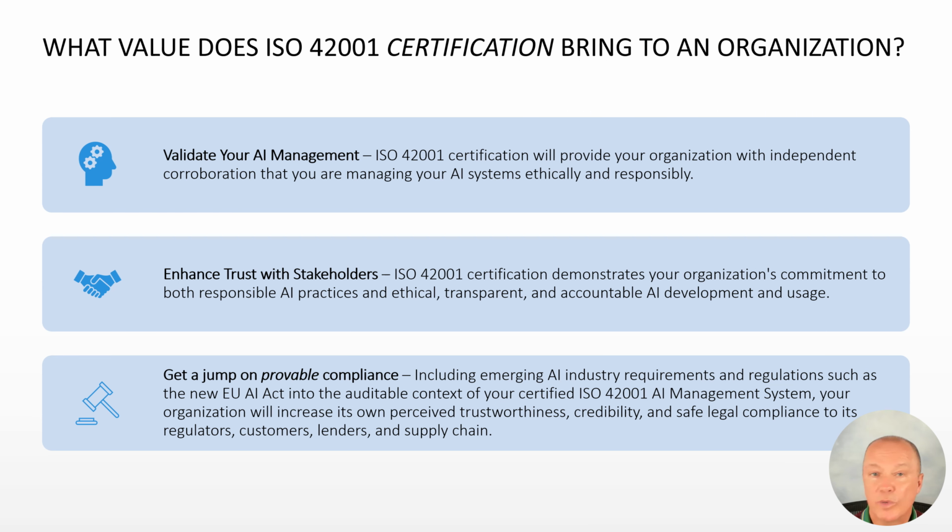So, what does this really bring for the organization? What value is there? Well, firstly, you'll be able to validate how good your AI management is. ISO 42001 certification provides your organization with independent corroboration that your organization is managing its AI systems ethically and responsibly.